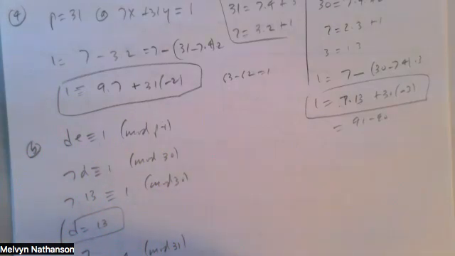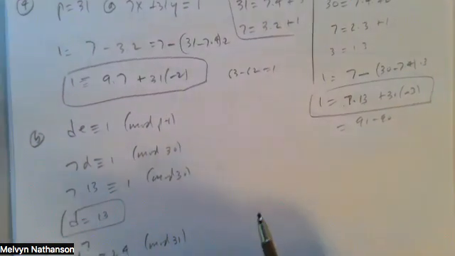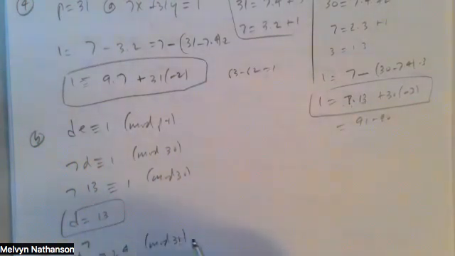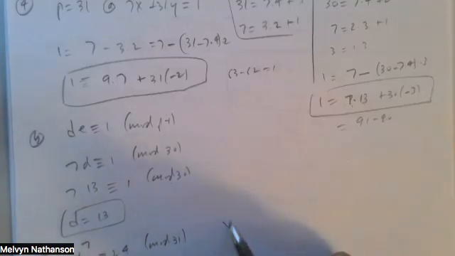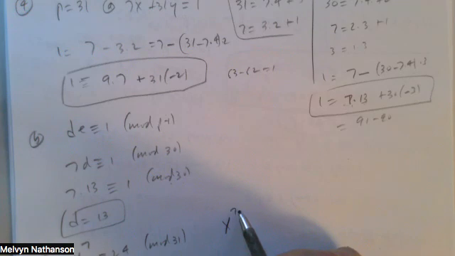So we just proved that 7 times 13 is congruent to 1 mod 30. So x to the 7 times 13.